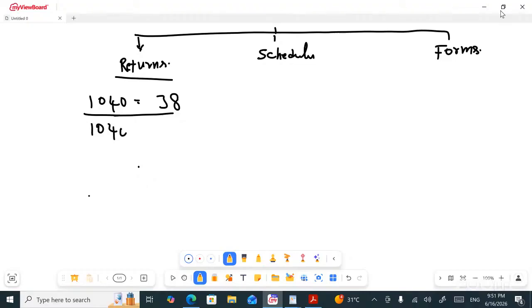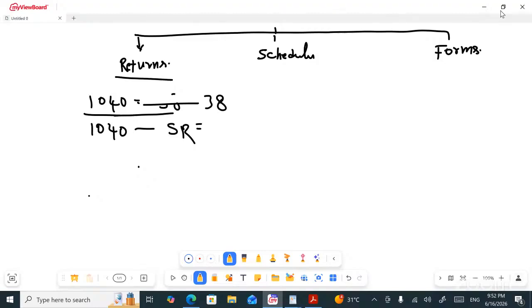Form number 1040. Yes, sir, 1040 and 1040, both are one and the same. The main form 1040 consists of 38 points.